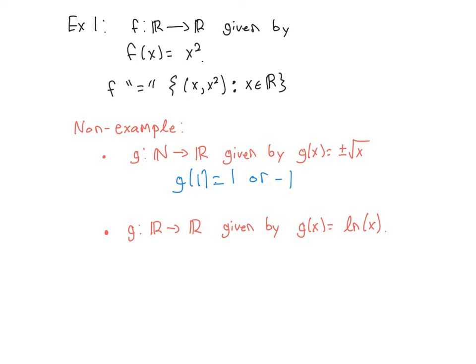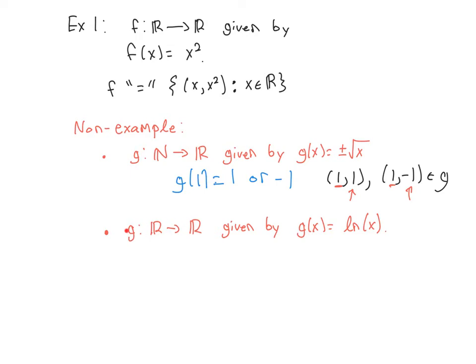In particular, that means that the ordered pairs 1 comma 1 and 1 comma negative 1 are both in the graph of this function. That's a violation of the definition of function because for every x, in this case 1, there's supposed to be a unique second coordinate, and here we have two possible second coordinates. So this is not a function. In some branches of mathematics, this might be called a multi-valued function.